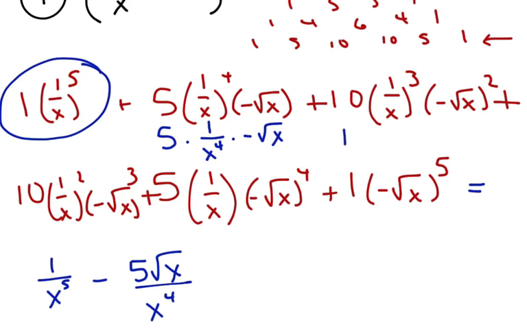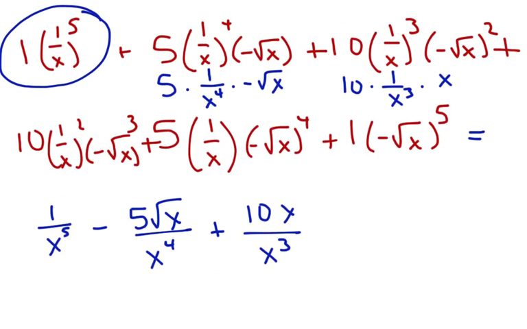The next one is going to be 10 times 1 over x to the 3rd times positive x. So it's going to be plus 10x over x to the 3rd, but that's going to simplify more. We'll talk about that in a minute. The next multiplication, 10 times 1 over x squared times negative square root of x to the 3rd power.